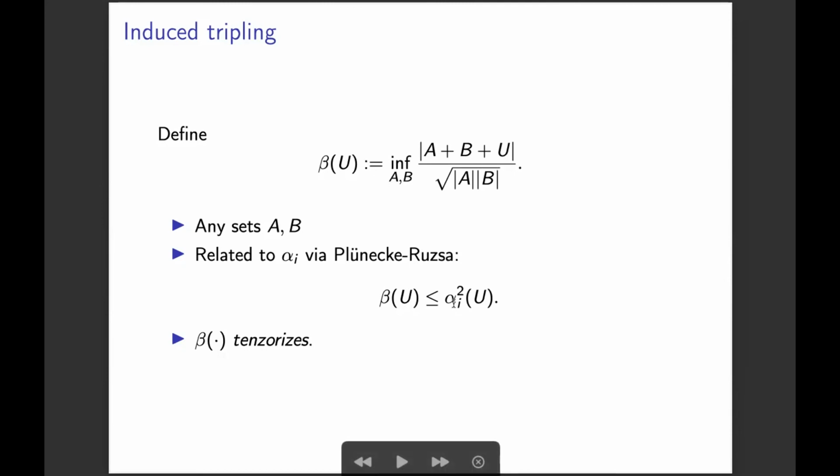Do you have any intuition why exactly this beta works? This beta works actually because it tensorizes. Because you have A and B arbitrary here.